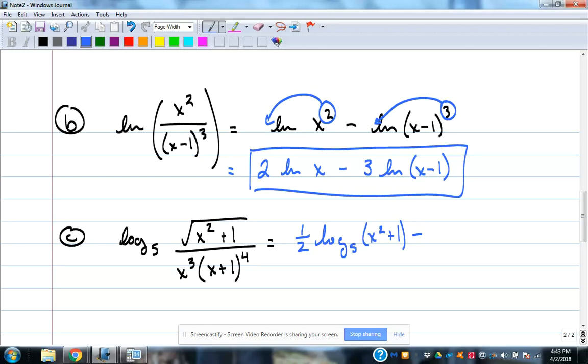What can I do to each one of those? Bring the exponents to the front. That's the one you want to recognize. The easiest one is that exponent to the front idea. Because they're both in the denominator, it's going to be a minus 3 log base 5 of x minus 4 log base 5 of x plus 1.